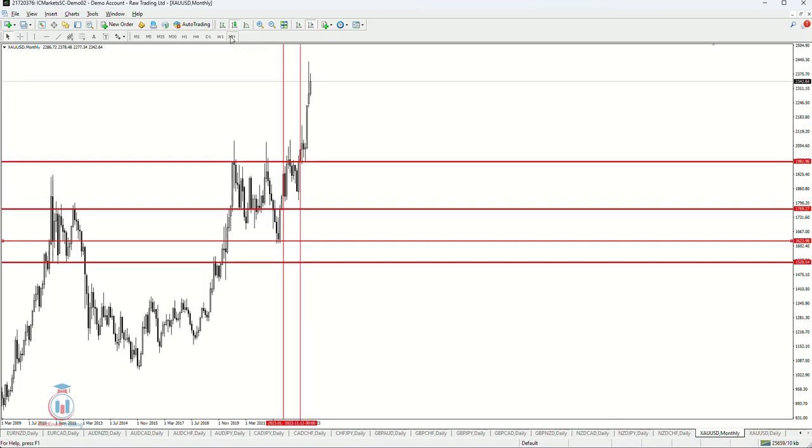You can see this one already sits in between this resistance and this support line, and this is not okay to see because it will be too messy if we have too many lines on the higher time frames. It is best to have a clean chart on the monthly time frame with horizontal support and resistance lines only for the monthly time frame.